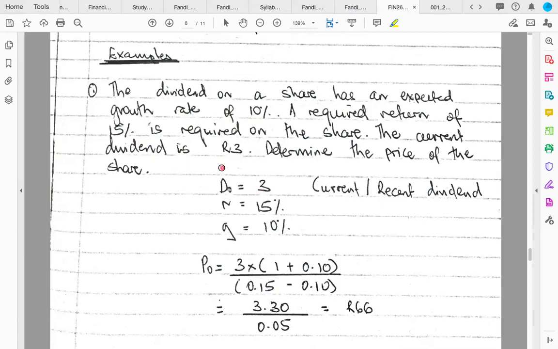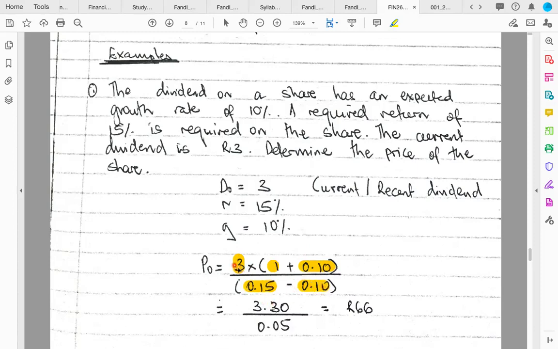So here we've been given the current dividend. So that's D0. That's the most important part with regards to determining the price of a share when you have a constant growth rate. So we would take D0, which is our current dividend, multiplied by 1 plus growth over the required return minus growth.